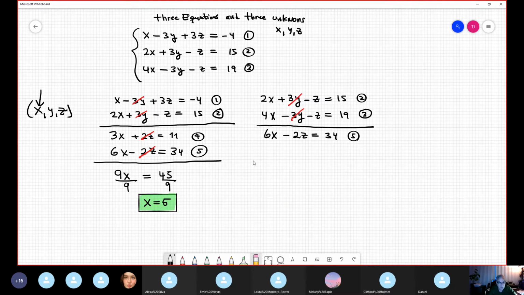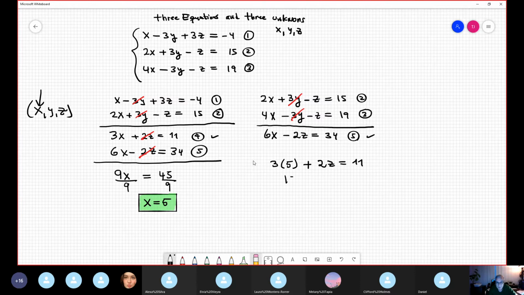So my recommendation is substitution in number 4 or in number 5, which contain only 2 variables, to find the z value. For example, I select number 4. Number 4 is 3 times x, which is 5, plus 2z equal 11.